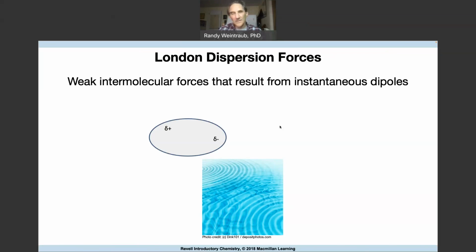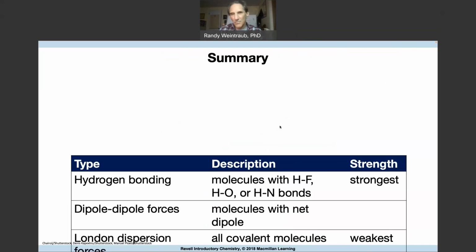However, at a certain moment, it does have peaks and valleys. These rapidly changing dipoles affect the surrounding molecules, and there are slight attractions that are fleeting. However, there are attractions, weak attractions.